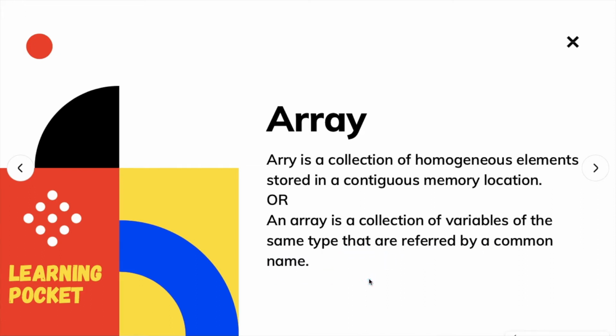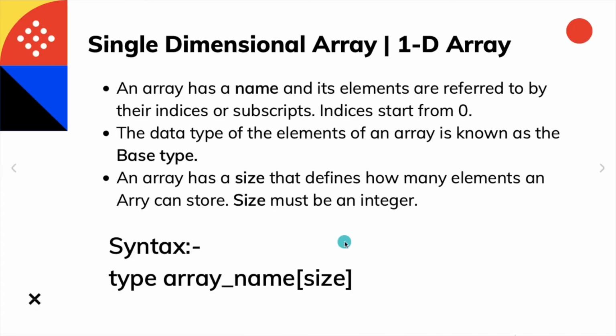If you want to store just 50 integers, I am going to declare an array of type integer and define its size to be 50. That generates 50 different integral memory spaces, 50 different variables, just by defining a single array, and that makes our work very easy.